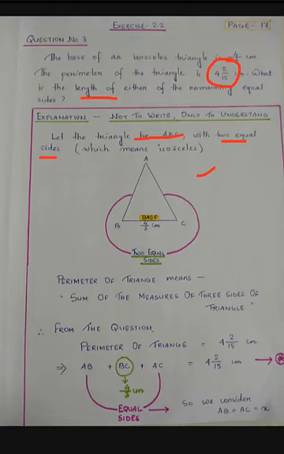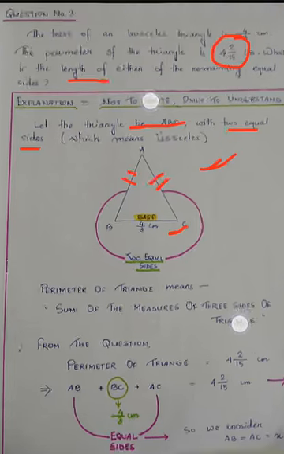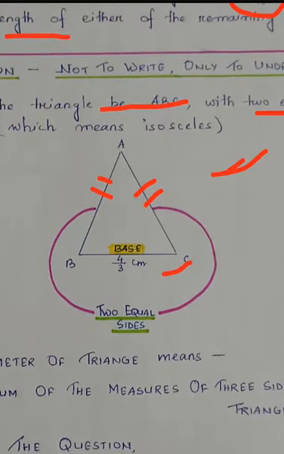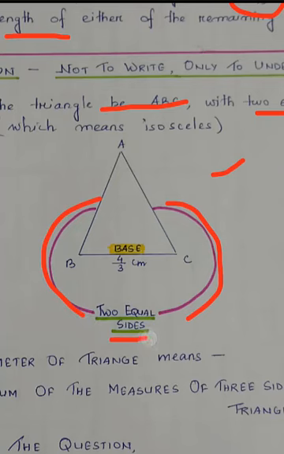So in this triangle ABC, we consider these 2 sides as equal sides, while BC is acting as the base. BC is the base here. It is already mentioned. BC is the base, and AB and AC are the equal sides. That is what is said here. This side and this side are 2 equal sides.